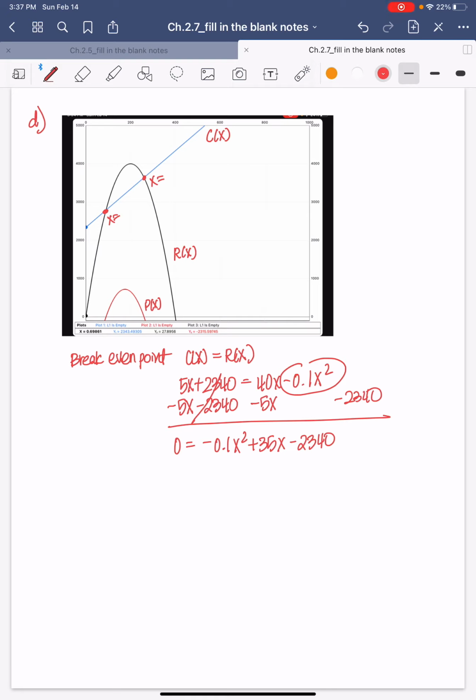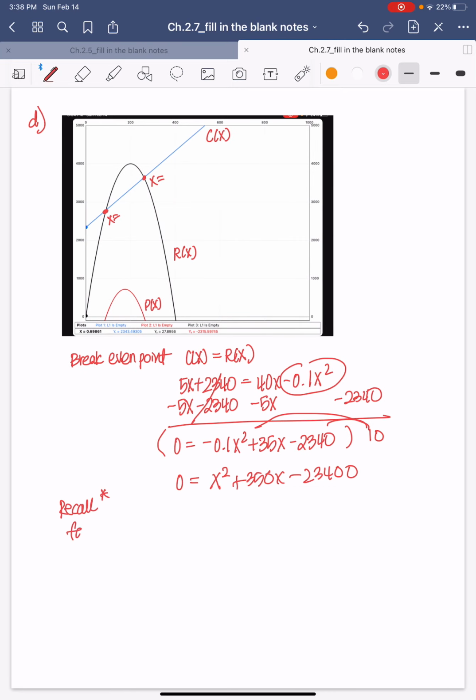The trick is I can multiply the whole entire equation by 10 to get rid of the decimal. Then I can have a lot easier function, x squared minus 350x plus 23400. And then this is a quadratic.